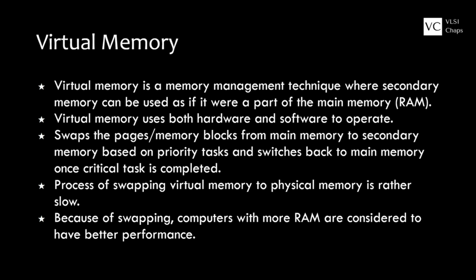Let's say there is a process going on in the main memory and one high priority process that is waiting outside, and we need to prioritize that one first. What we will do is remove the ongoing process. That process will also be in pages. Those pages of that process will be swapped from main memory to this virtual memory, as in swap files.